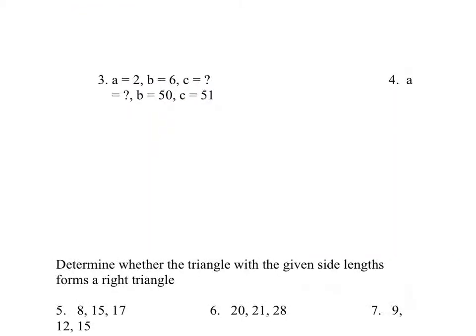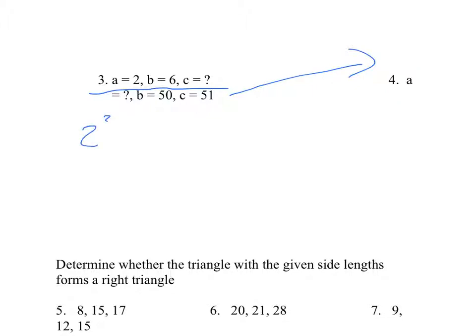So now that you've had a chance to continue working on these, I'm going to go ahead and go over these. Again, for some reason, some of my stuff shifted around. So the 50 and the 51 are actually problem 4 on your paper. I'm going to be starting and looking at the 2, the 6, and the question mark.